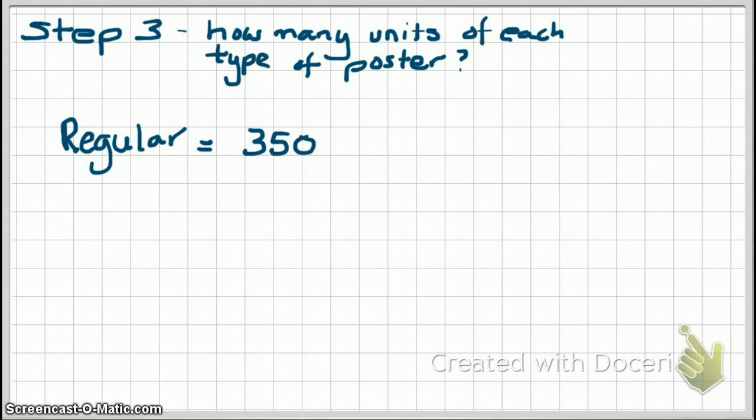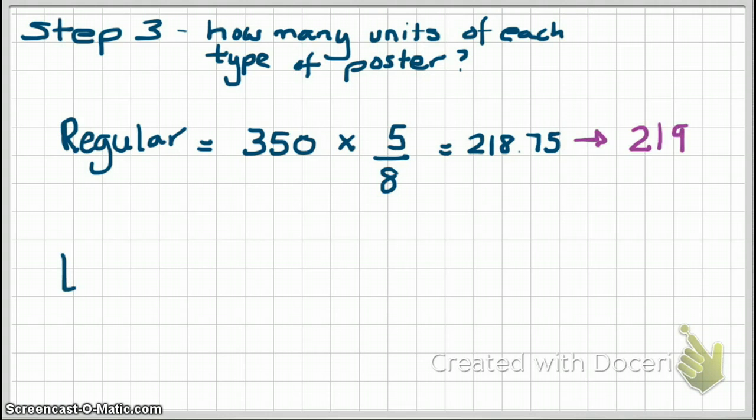We know that of our 8 total, 5/8 of that is going to be regular posters. So we multiply our 350 by 5/8 to come up with 218.75 posters. Now, you know that we don't sell 3/4 of a poster, so we round that up to 219 posters.